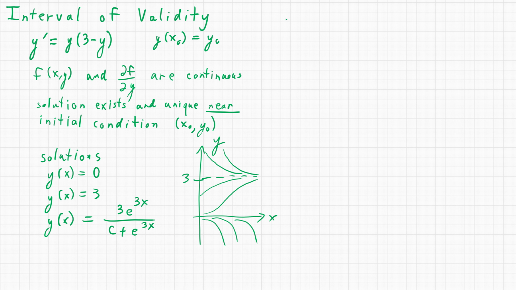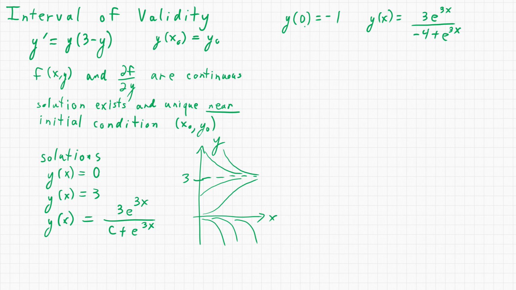If we have an initial condition y of 0 equals -1, that ends up having solution y of x equals 3e to the 3x over -4 plus e to the 3x. And that does seem to work out.